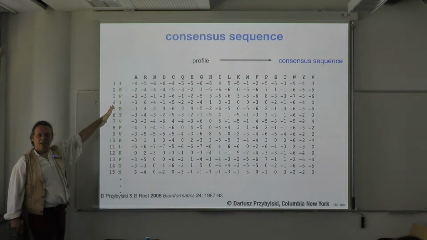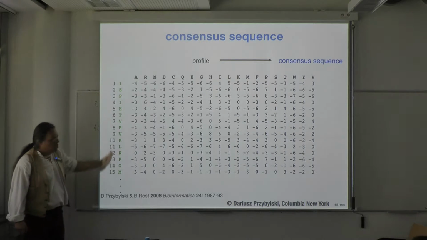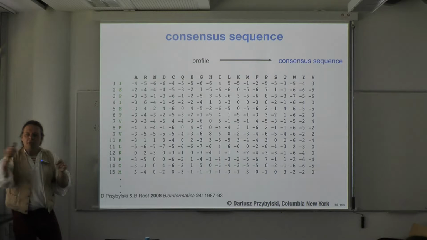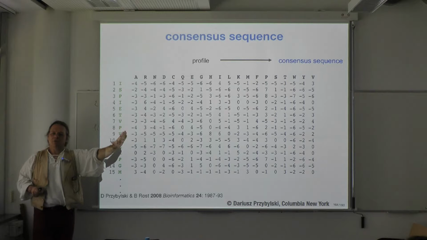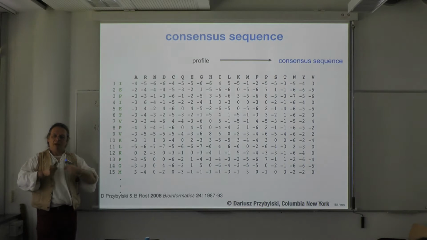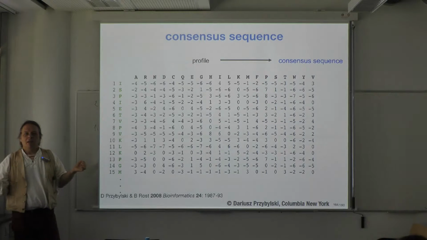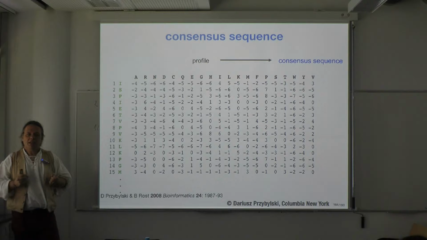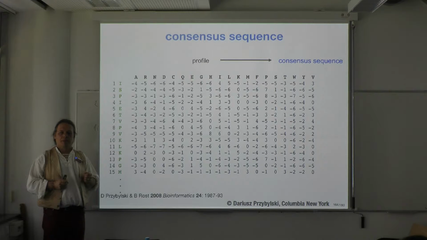There are different ways in which I can play that. But ultimately, I will write a sequence that is no longer the one that I observe. So in that sense, it's no longer a sequence profile, because I'm going to change the sequence according to what I observe in the profile. I'm going to replace the actual sequence by something that is virtual. The consensus sequence doesn't exist. But the consensus sequence carries implicit information about that profile.